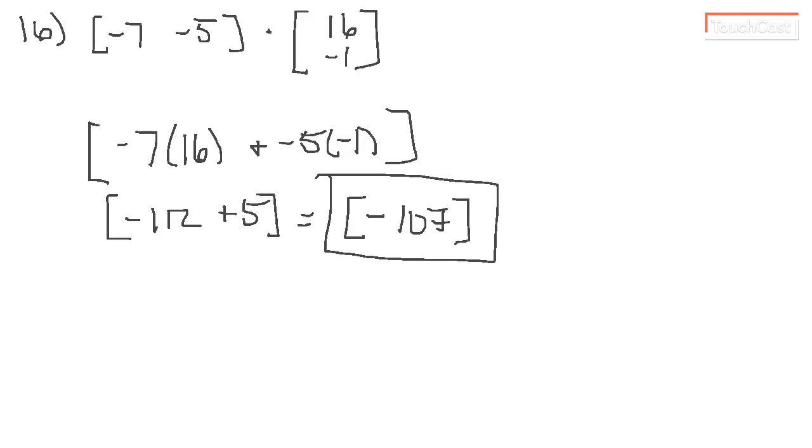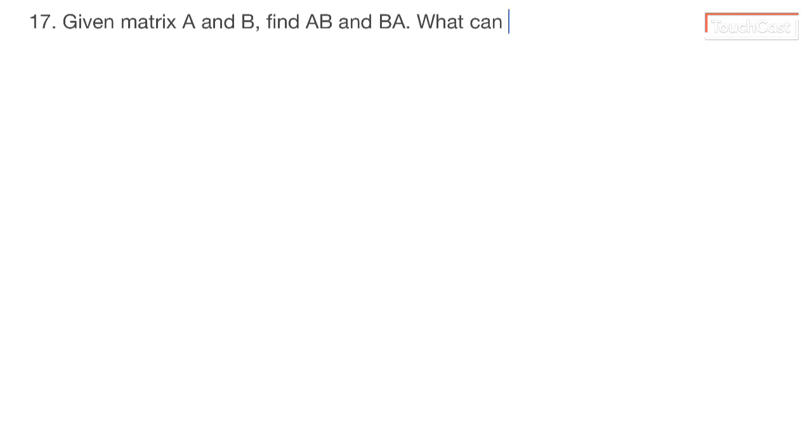All right, let's look at example 17. So, off to the side, and I'll write these in a second. Given matrix A and B, we're going to find AB and BA and figure out what we can conclude from our results.